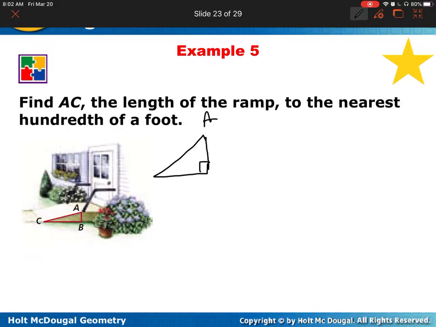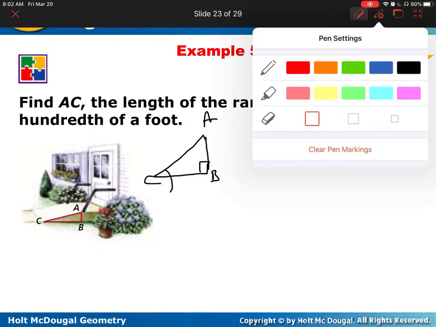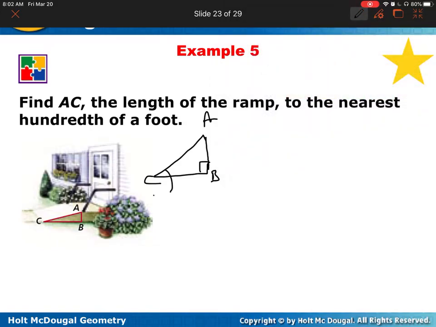So this is A, this is B, that's C. The degrees right here is actually 4.8 degrees. And it says AB is 1.2 feet.